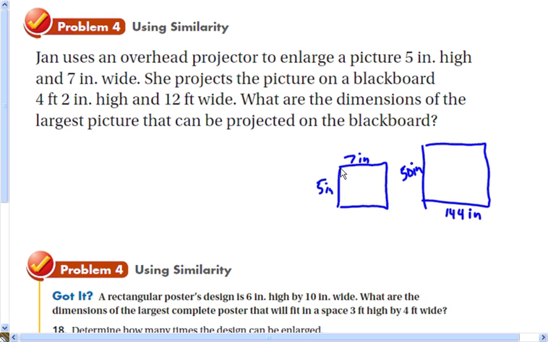Okay, now if I enlarge this screen as big as I can, that means I can enlarge the height 50 divided by 5, which is 10, times.